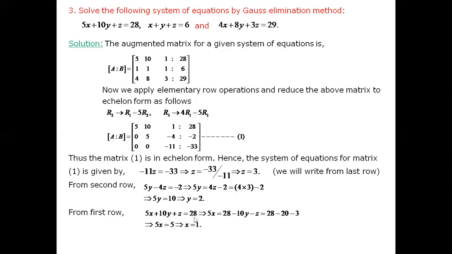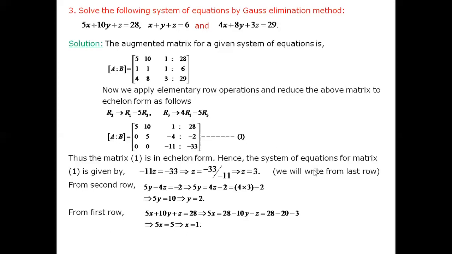It is minus 10y minus z. So y is 2 here, 10 into 2, 20. So it is 28 minus 20 minus z, which is 3. On simplification, we get 5. So 5x equals 5. Then x becomes 5 by 5, 1. So we got x is 1, y is 2, and z is 3.